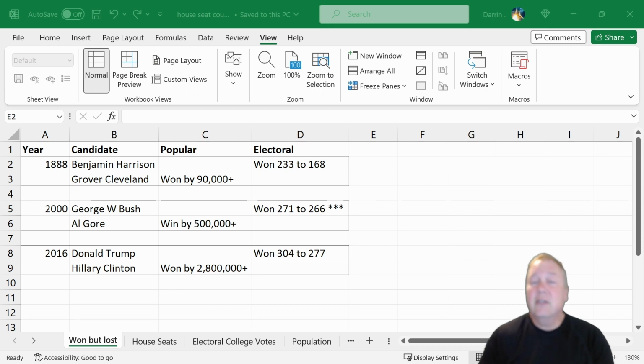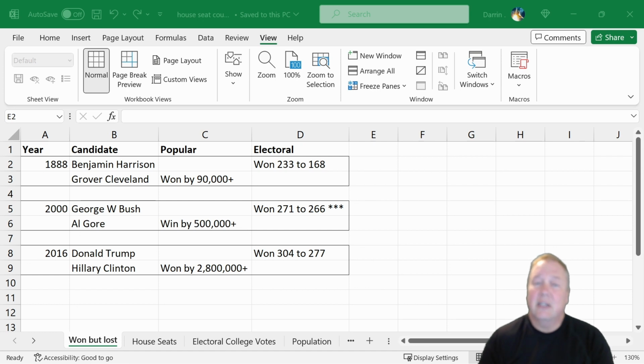First, what is the Electoral College? The Electoral College is a system that used to be a little more common around the world. Each state in the country is allocated a certain number of Electoral College votes. The number of votes each state receives is one for each senator and one for each member of the House of Representatives.